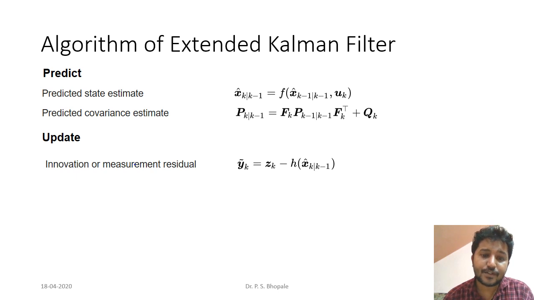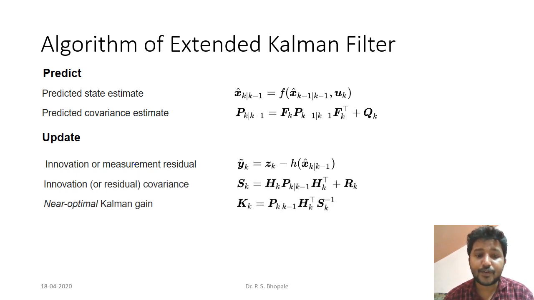Now the innovation, that is the error between the predicted state and the measured noisy z k, is calculated as y tilde, and the innovation covariance is calculated from H k, P k, H transpose plus R k. R k is the covariance matrix of measurement noise, and Q k is the covariance matrix of process noise.